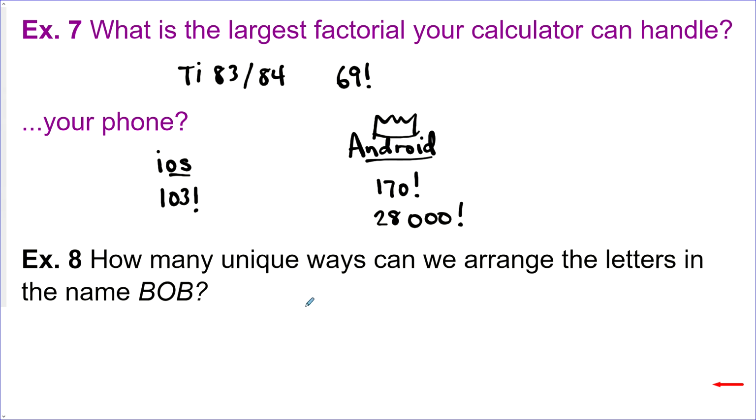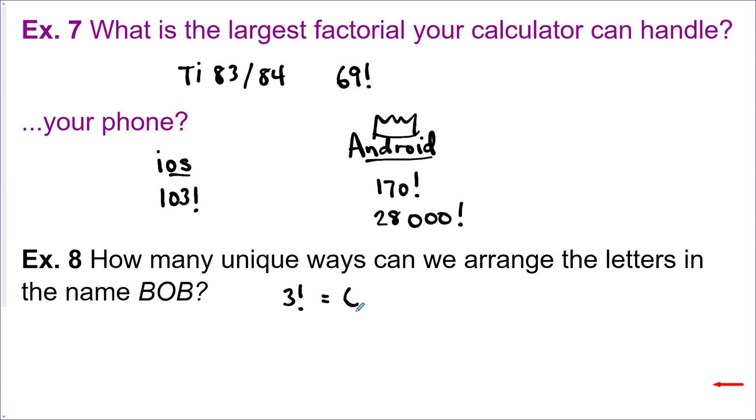How many unique ways can we arrange the letters in the name Bob? Now, all our previous examples had unique letters, but Bob has two B's that are indistinguishable. They're not unique. So if they switch places, we don't get another arrangement. When we were doing this normally, we would just say 3 factorial.